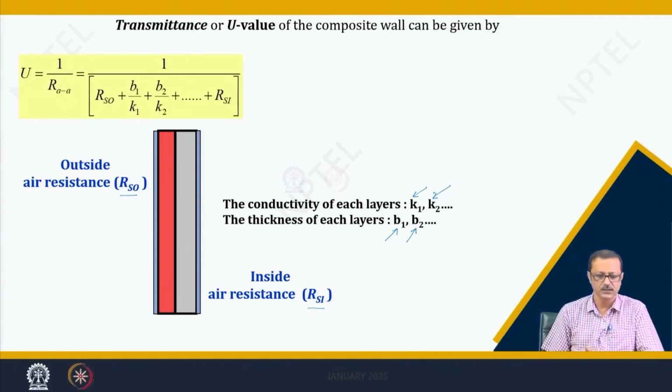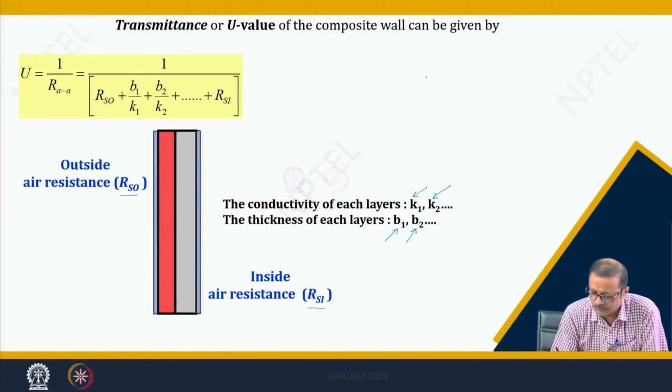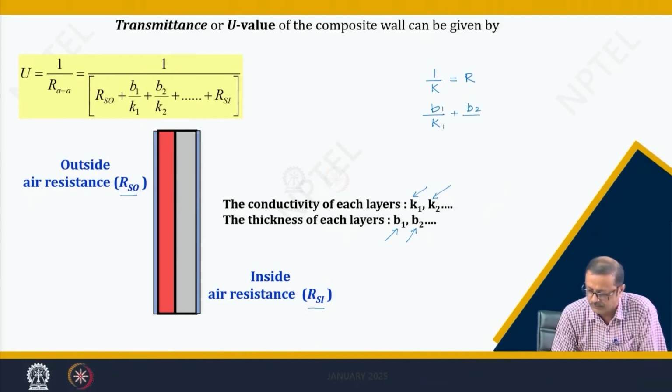So, it is the inverse of K multiplied by B. 1 upon K is called the resistivity. I multiply with B, the thickness, for the first layer, then B2 by K2 for the second layer, like that, and I add these resistivities.